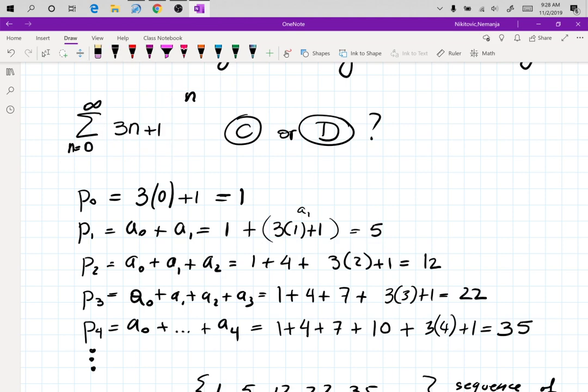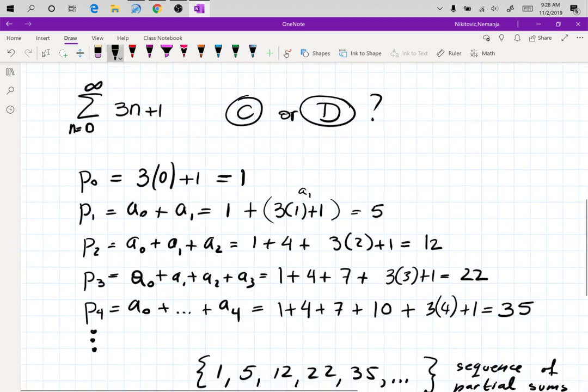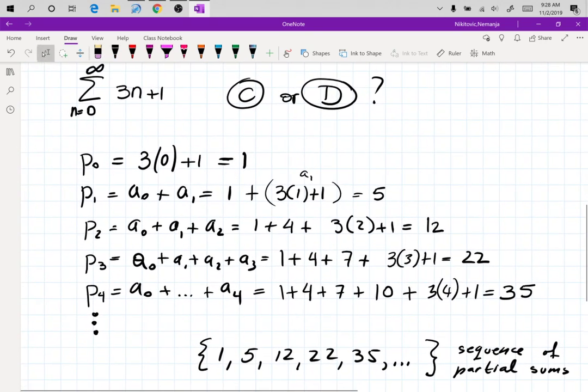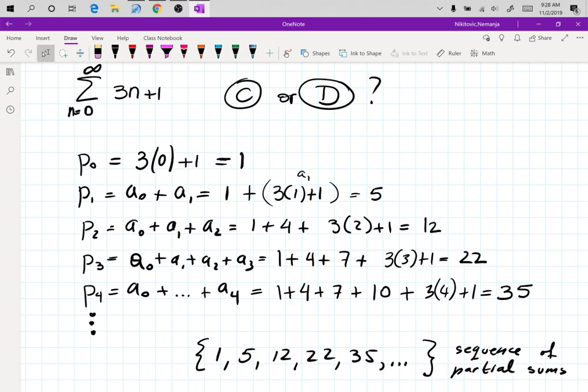So now that you have these numbers, you can generate partial sums, right? Partial sum 0 is just a0. Partial sum 1 is a0 plus a1. You always keep adding one more term and one more term. And that gives you this sequence of numbers.